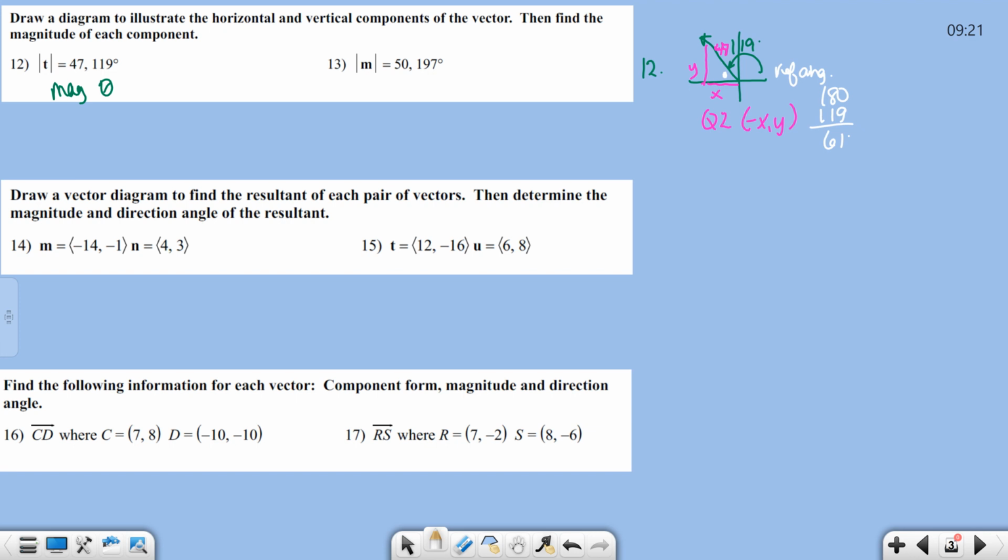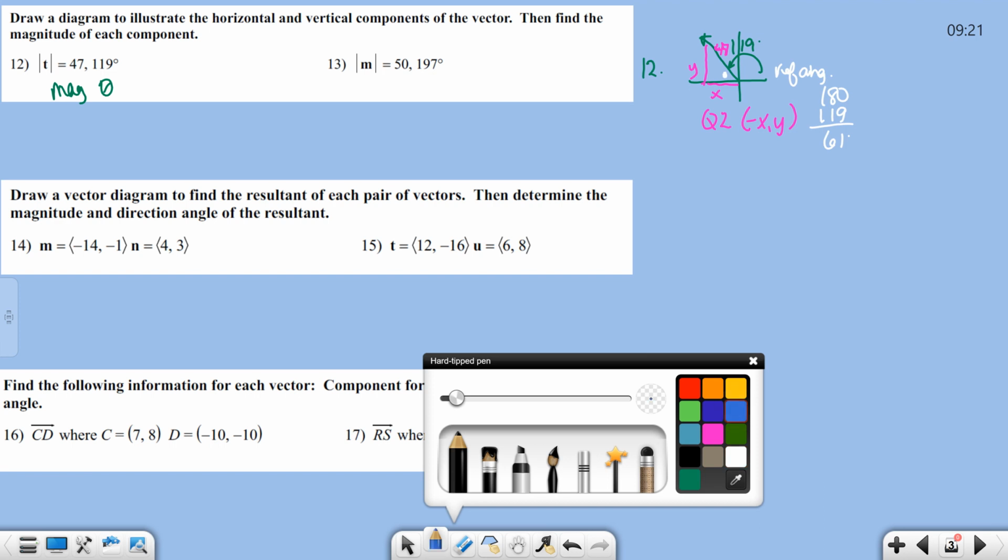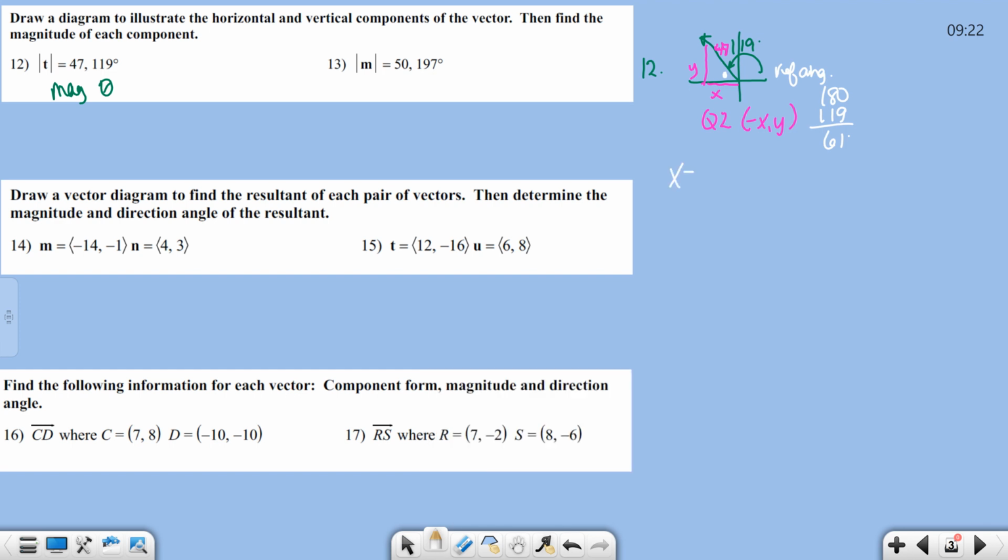So when we set this up, in order to find our angle, we've got that 61, cool. To determine the horizontal component, I need x. That's going to be r times cosine of theta, which is our radius of 47 multiplied by cosine of 61 degrees. And that will give us 22.8. To get the y value, the vertical component, that is r multiplied by sine of theta.